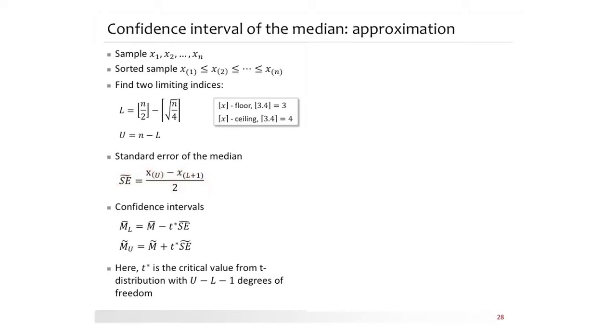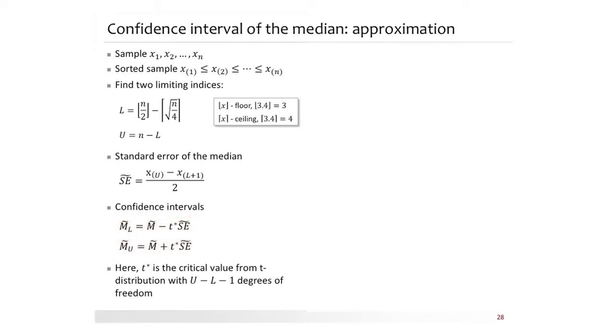Then find confidence intervals exactly the same way you do for the standard error of the mean. You find the critical value t, but now you have U minus L minus 1 degrees of freedom, and multiply it by the standard error, and these are your intervals on the median.